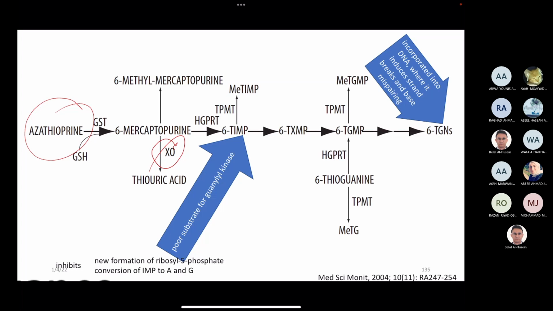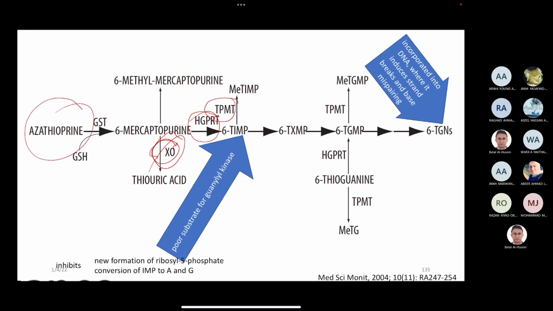There are many pathways and enzymes here. We have hypoxanthine guanine phosphoribosyltransferase, which mostly activates compounds. And we have xanthine oxidase, and another enzyme called TPMT, thiopurine methyltransferase.